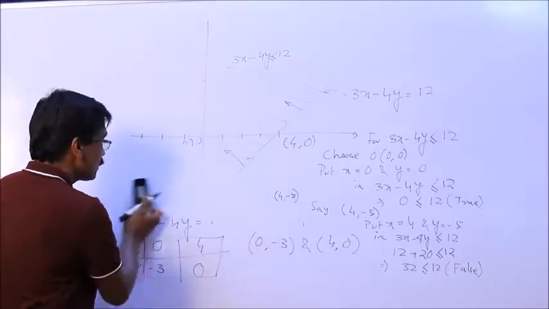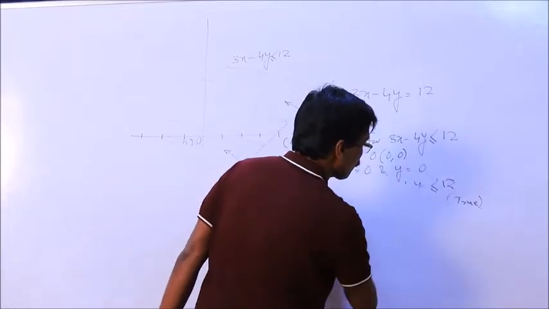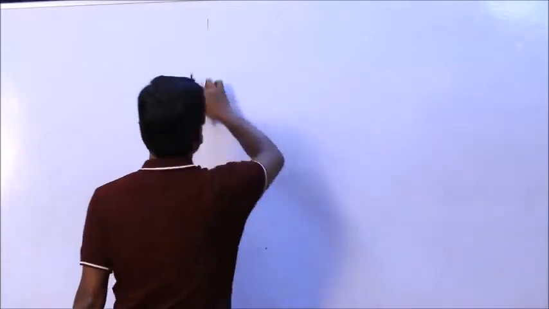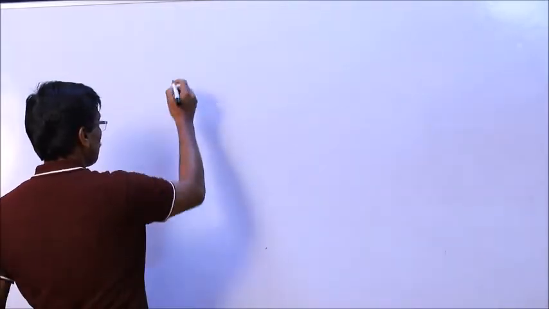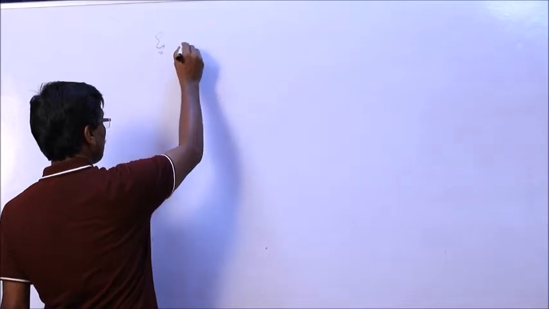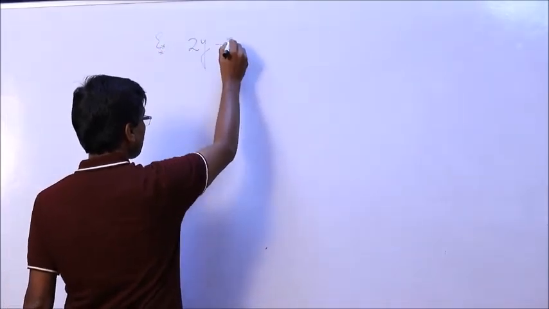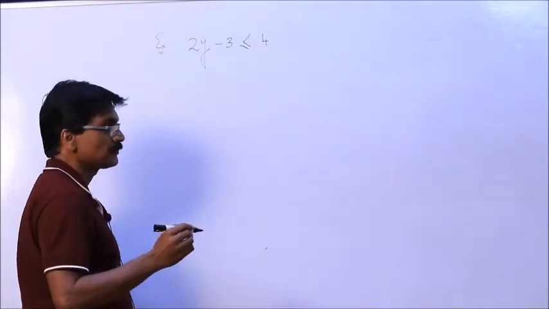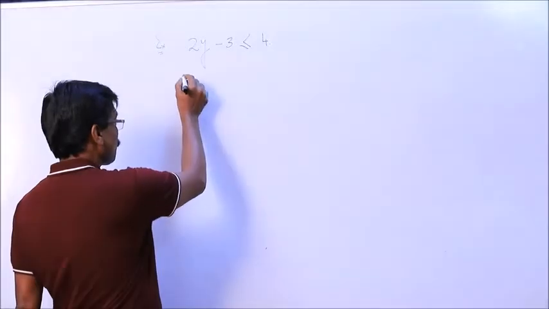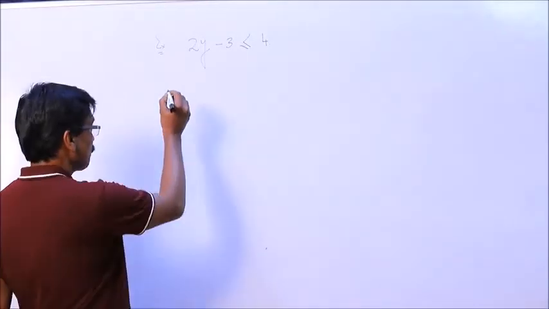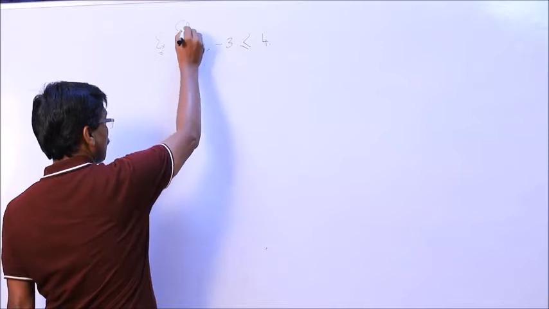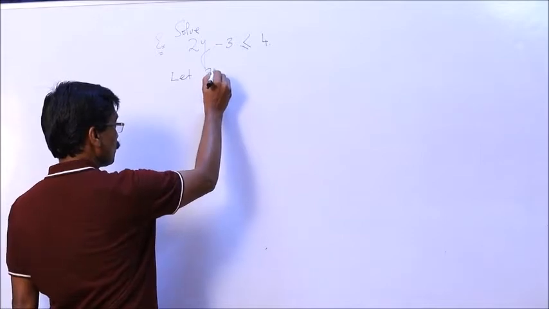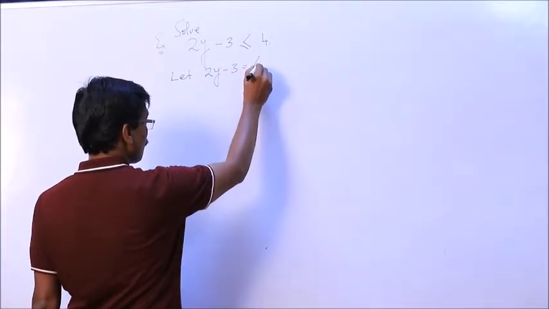So, next we take one more example, that is 2y minus 3 less than or equal to 4. To solve this inequality, first make it an equation. Let 2y minus 3 is equal to 4.